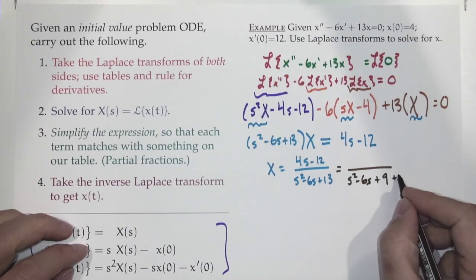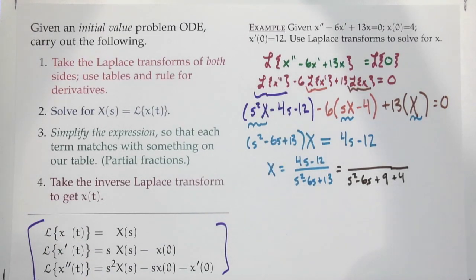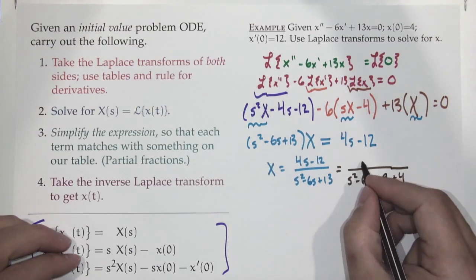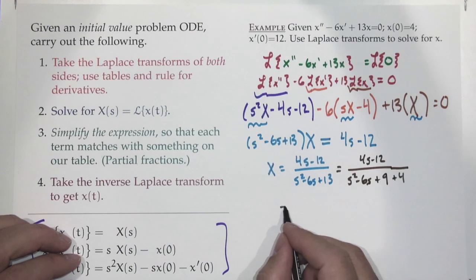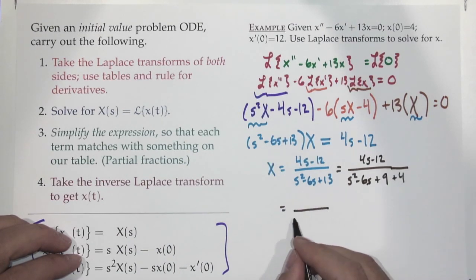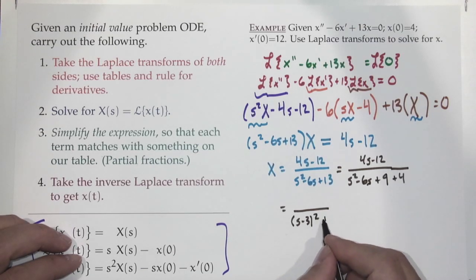Okay, plus 4 more. It turns out 13 does in fact equal 9 plus 4. True story. Okay, so a 4s minus 12. Now, downstairs, this becomes s minus 3 squared plus 2 squared.